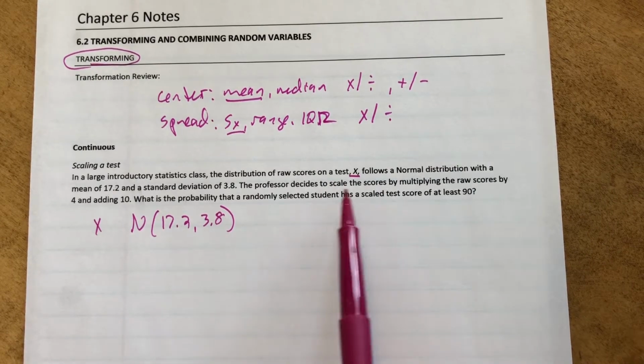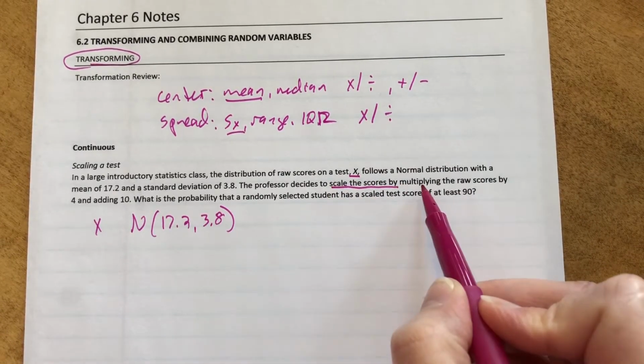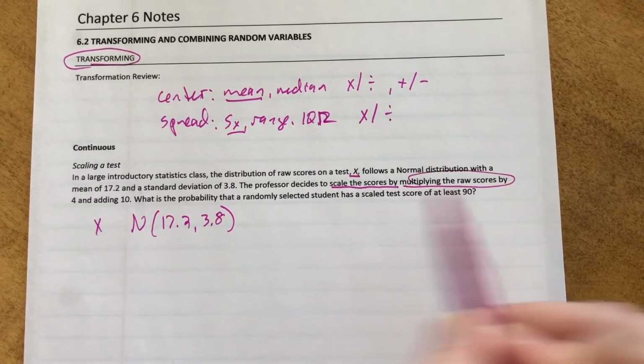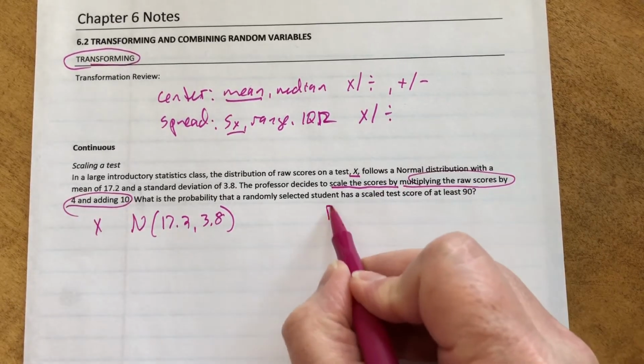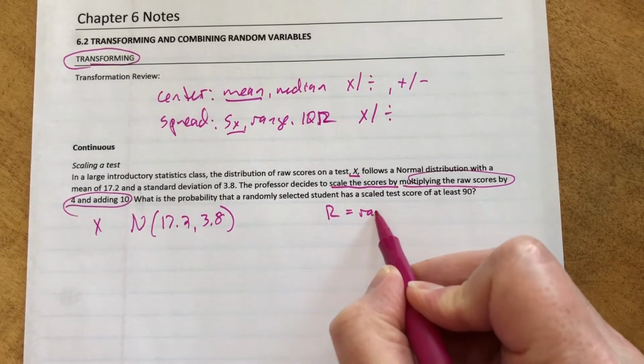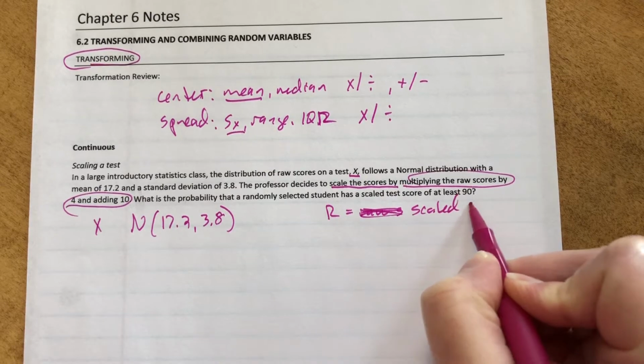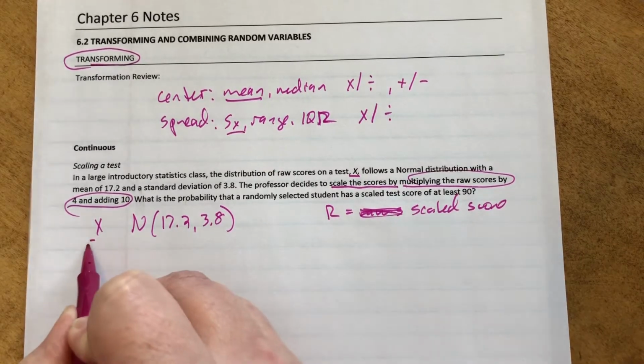A professor decides to scale the scores by multiplying the raw score by 4 and adding 10. So I'm going to say S is my new random variable, the scaled score. X is the raw score.